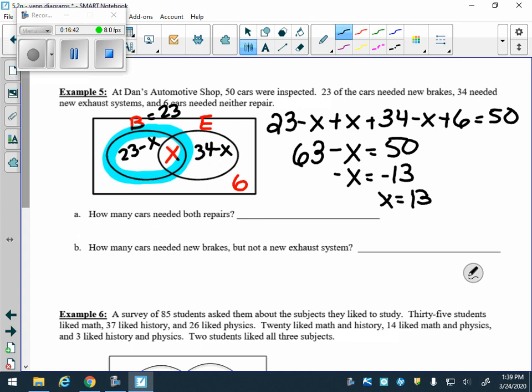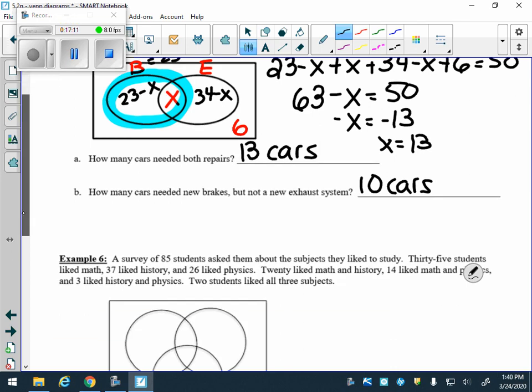So that means we can answer A. How many cars needed both repairs? 13 cars. How many cars needed new brakes but not a new exhaust? Well, what's 23 minus 13? 10 cars. Okay, so there's always a way to find out a piece of the Venn diagram if you don't know. We use basic algebra.